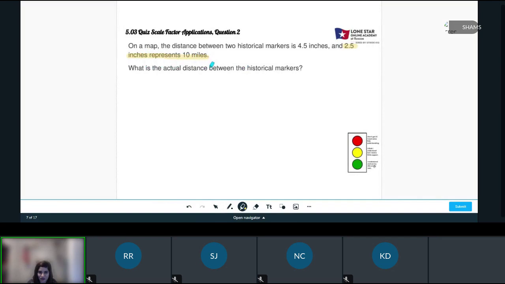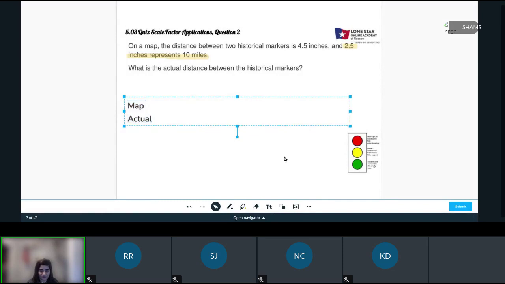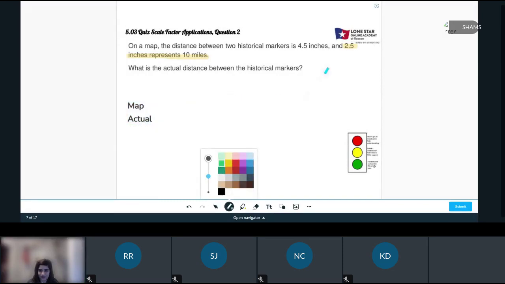So what is the actual distance between the historical markers? Let's see, what do we know in the question? They're talking about a map and they're talking about actual. And what they're saying is that 2.5 inches will represent 10 miles.